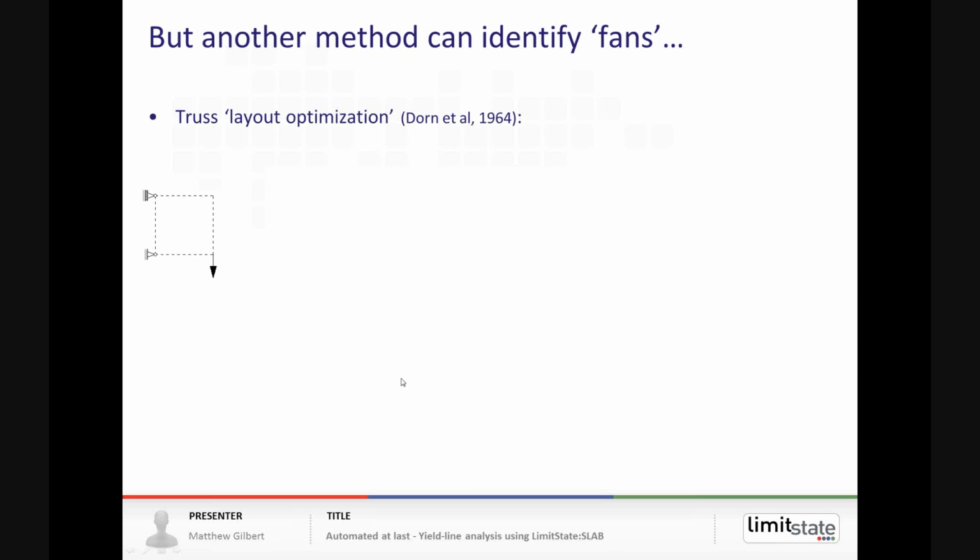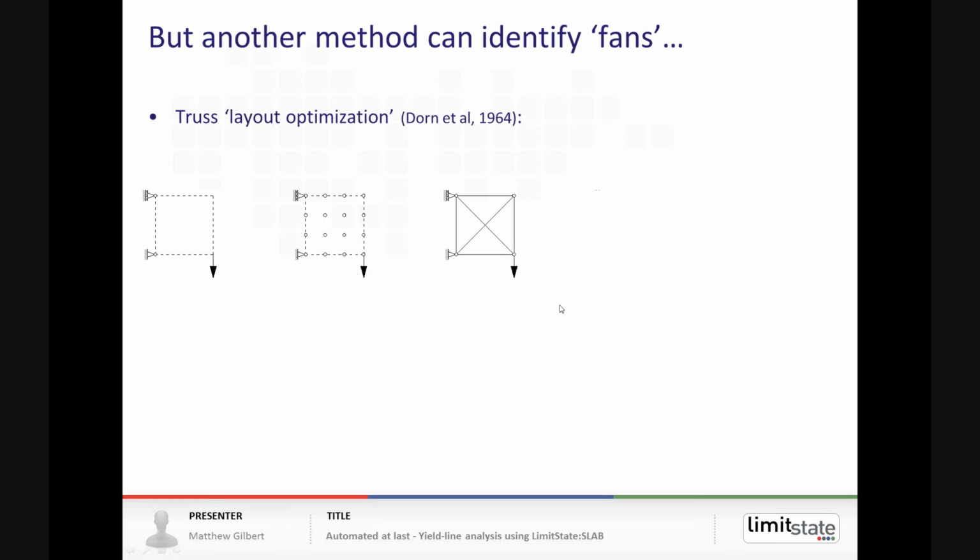And the truss layout optimization problem for this was to flood the design domain with nodes, and those nodes could then form the ends of potential bar elements, so ones that may want to exist in the critical solution. So you can see here actually it's a simplified version of the left hand one, so we've got fewer nodes in it, only 4, and all of the nodes are connected to each other.